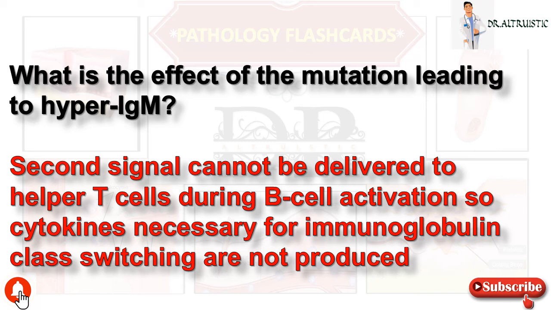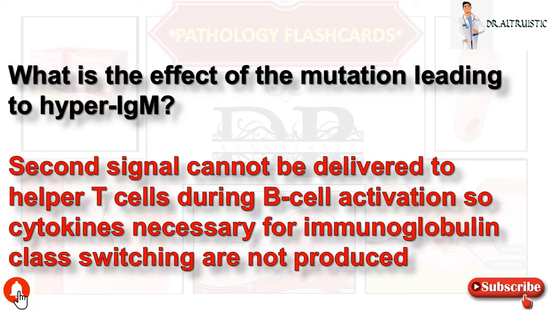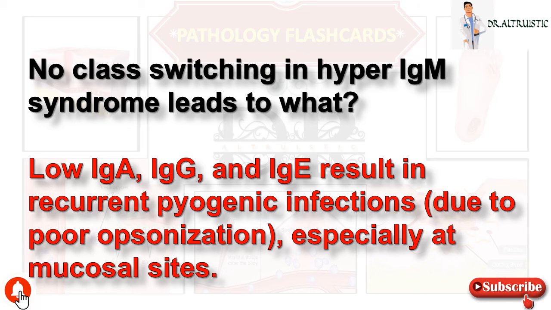The second signal cannot be delivered to helper T cells during B cell activation, so cytokines necessary for immunoglobulin class switching are not produced. No class switching leads to what? Low IgG, IgA, and IgE, resulting in recurrent pyogenic infections due to poor opsonization, especially at mucosal sites.